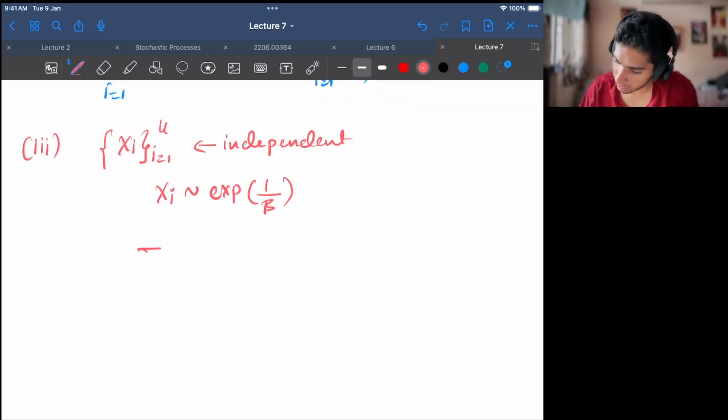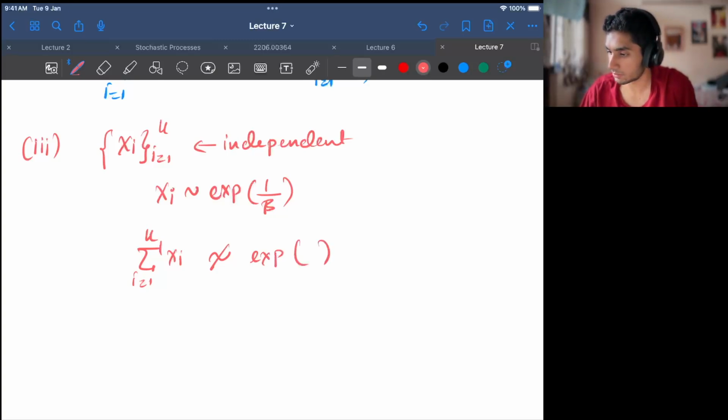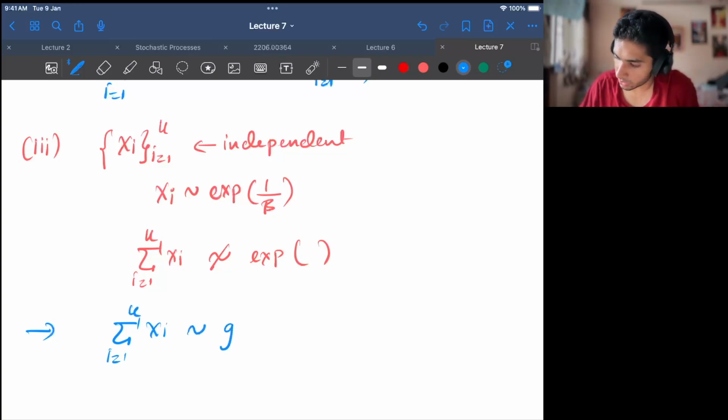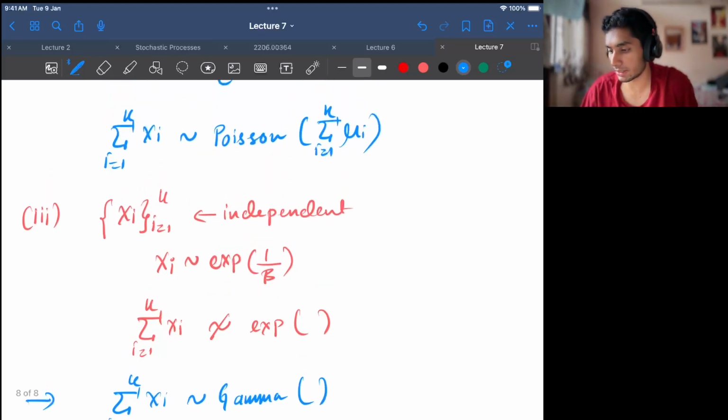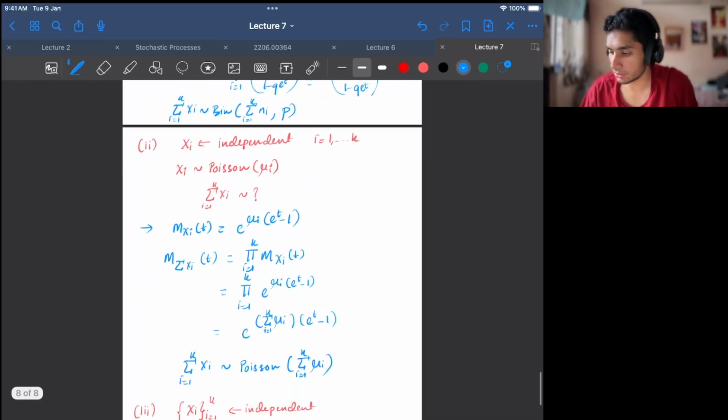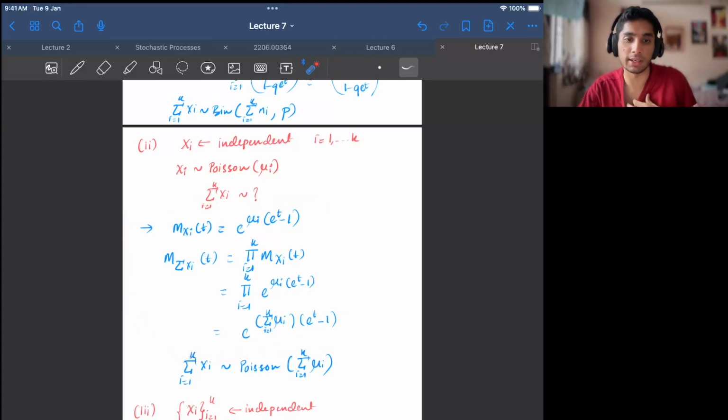Just verify that summation xi, i equal to 1 to k, is not distributed according to exponential distribution. It's not true. Instead, summation xi, i going from 1 to k, is distributed according to gamma distribution. So just be careful that this is not always true, but this is how you verify the fact. Look at the moment generating functions.